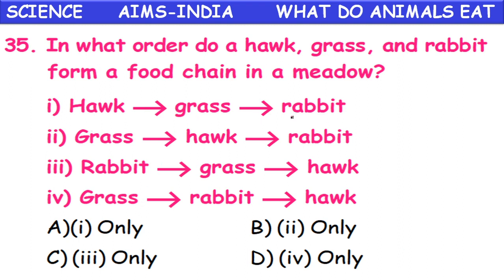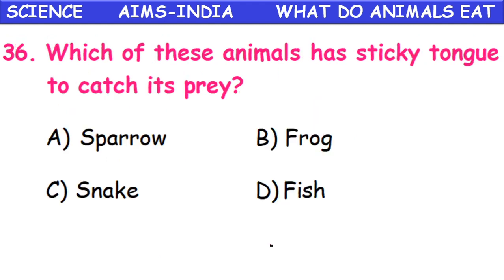Hawk, grass, rabbit; grass, hawk, rabbit; rabbit, grass, hawk; grass, rabbit, hawk. Okay, it is correct. So here D. Which of these animals has a sticky tongue to catch its prey? Sparrow, frog, snake, fish. Okay, it is the frog which possesses a long, sticky and protrusible tongue.